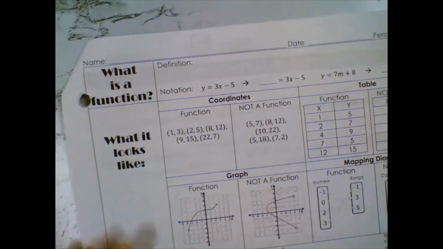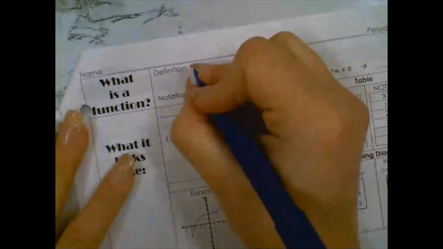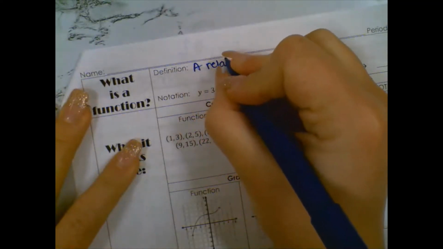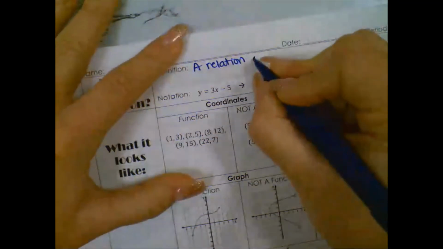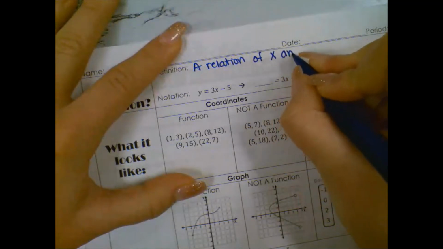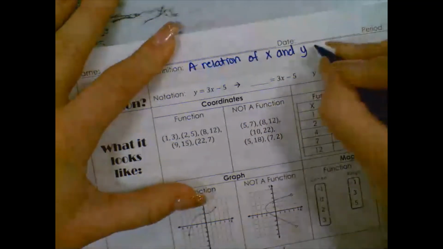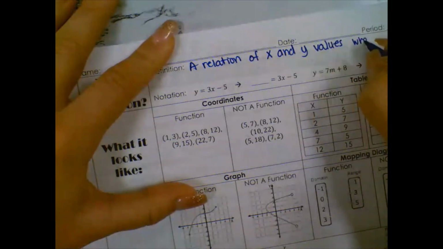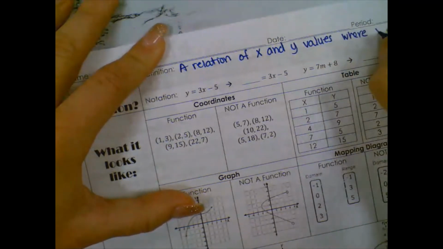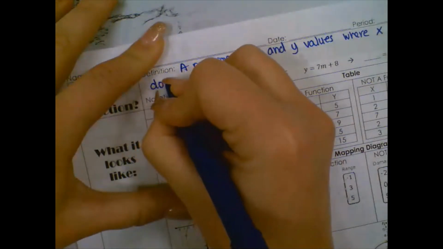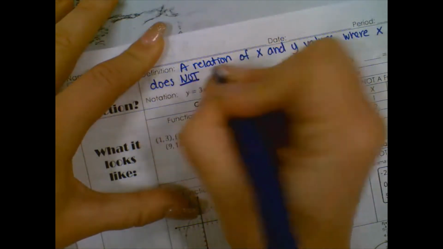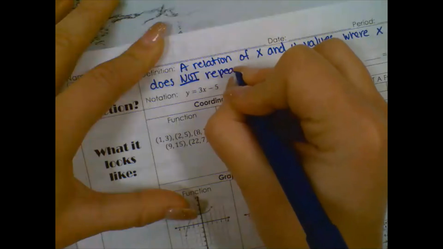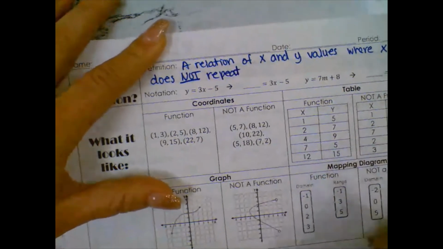A function is a relation of x and y values. We're talking about a graph, coordinates, x and y values, where x does not repeat. Now that's a very basic definition that I'm giving you.